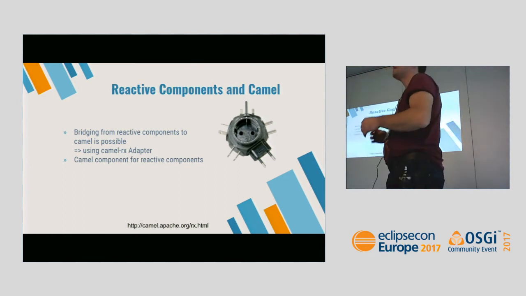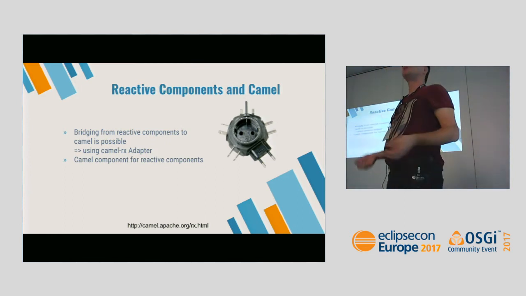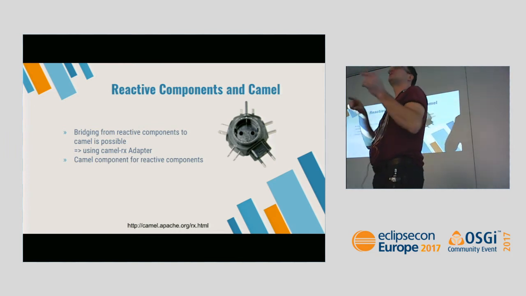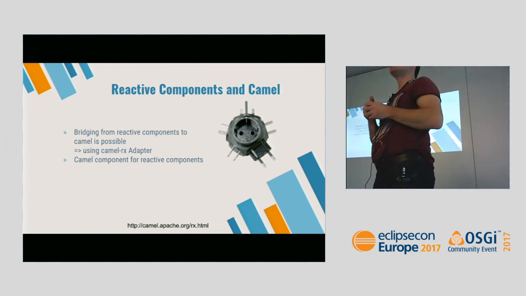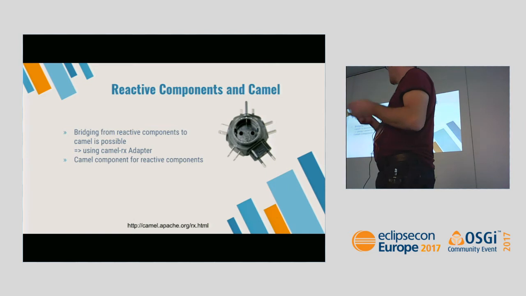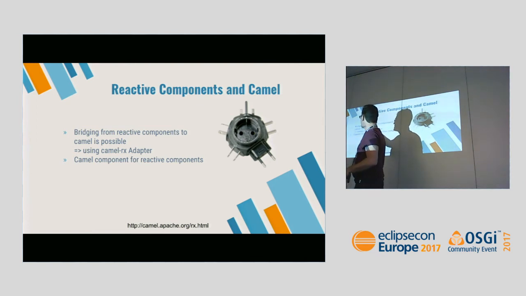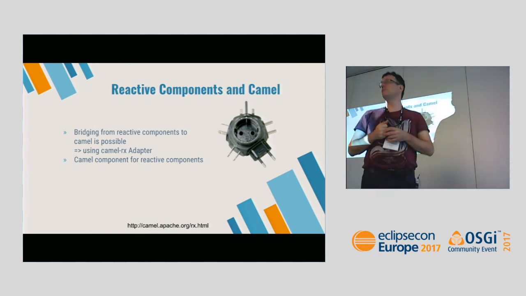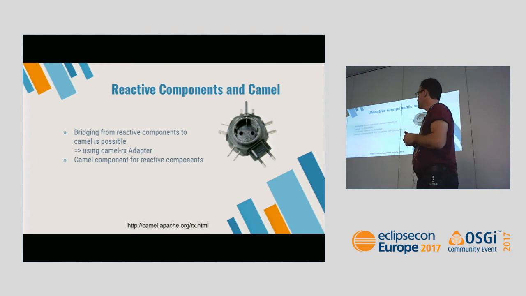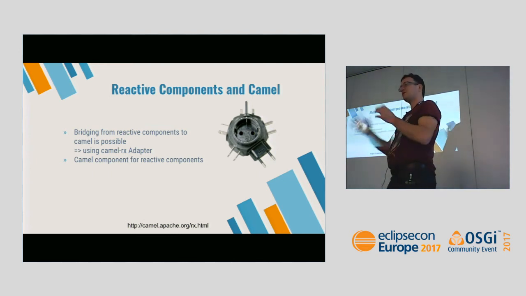The good thing is, as Camel has so many interesting protocols, you can actually use it together with reactive components. I've written a small component for Camel, and the nice thing is that Camel already has an adapter built in to RxJava or to reactive streams in general. So it's possible to bridge those.